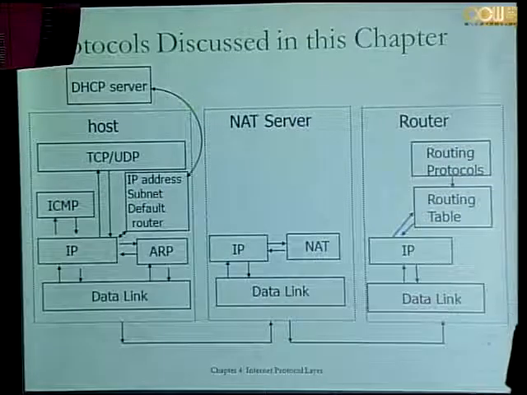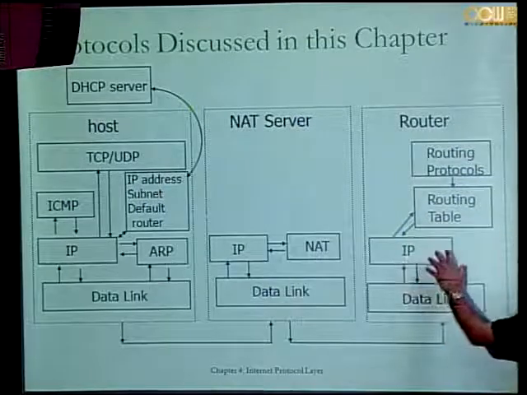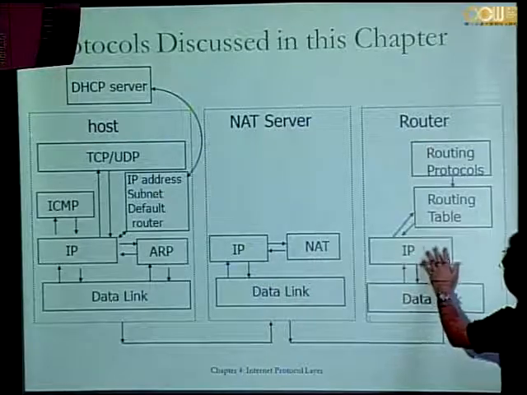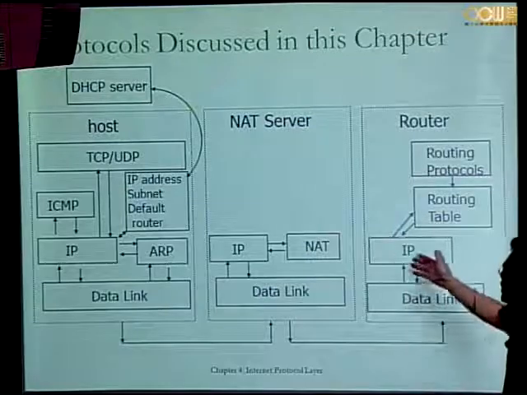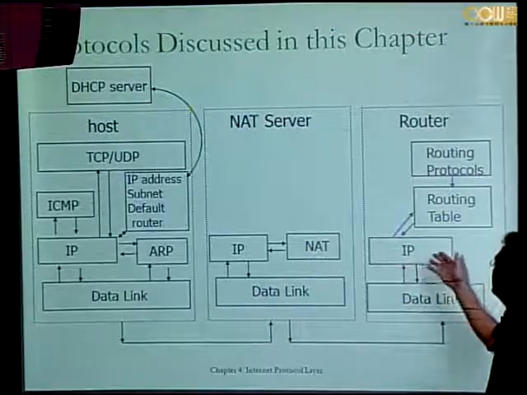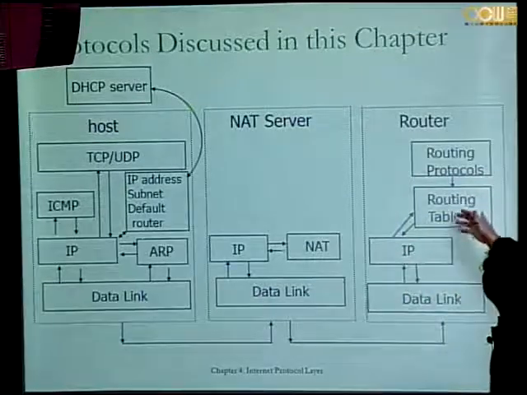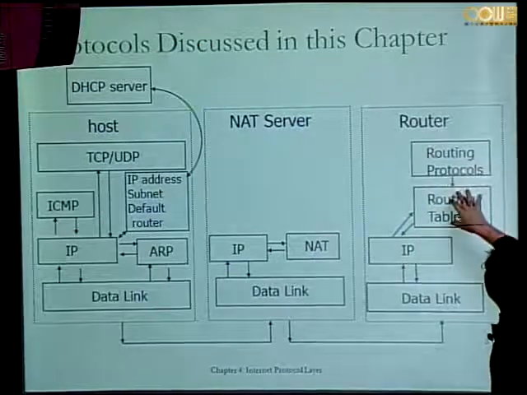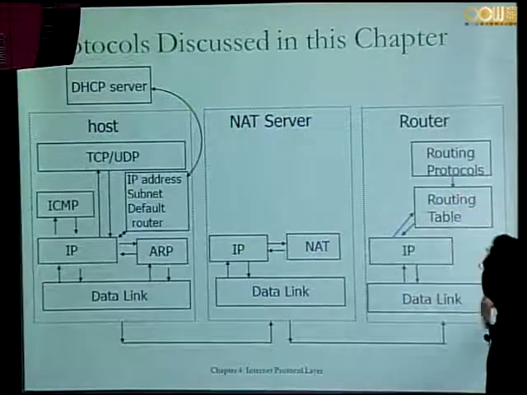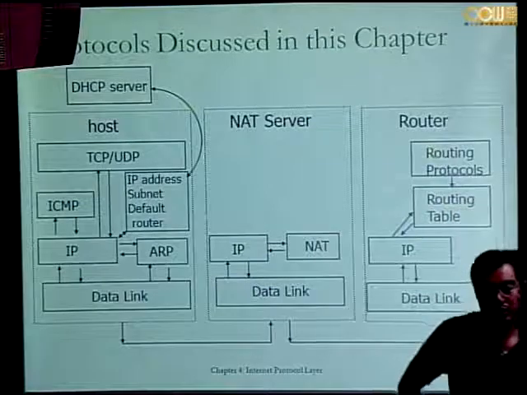And the router has the forwarding here within the data plane, the table lookup, but it needs to look up the table. But the routing table is not static, it's actually calculated.